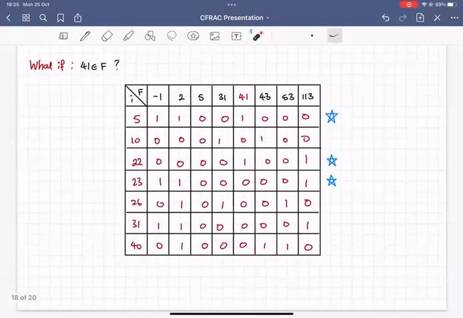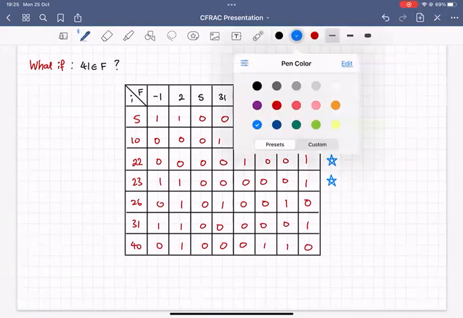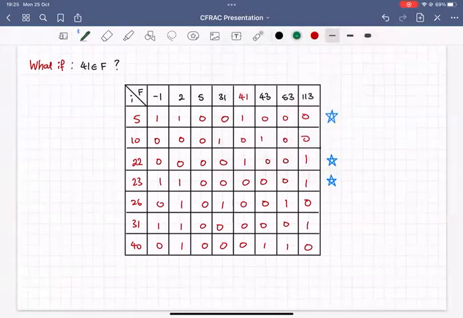And then the other dependence is 10, 26, and 40. So 31 doesn't have anyone to be with, so it is its own dependence.